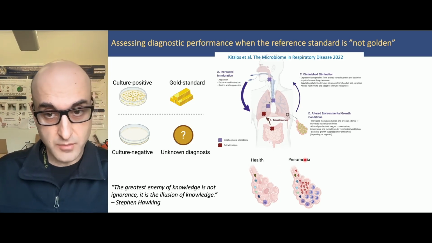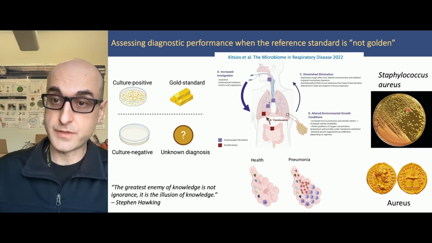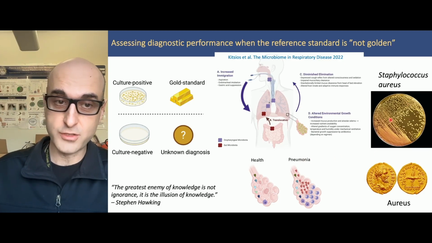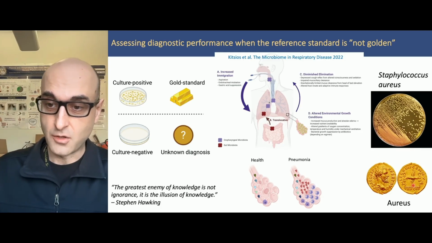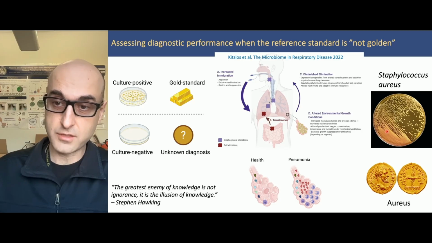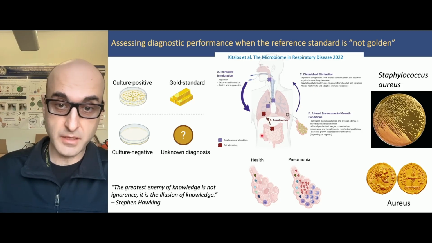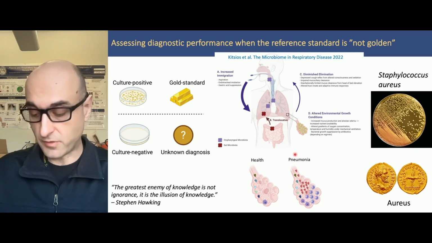And to prove this framework, we're now going to study the case of Staph aureus pneumonia as the gold standard of respiratory infection, and Staph aureus ironically got its name from the Roman gold coin, the aureus.